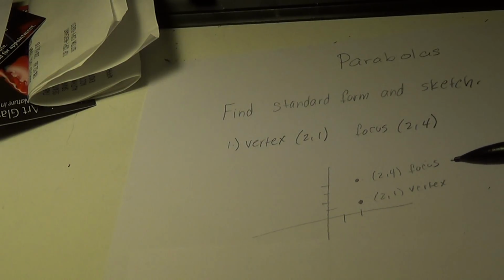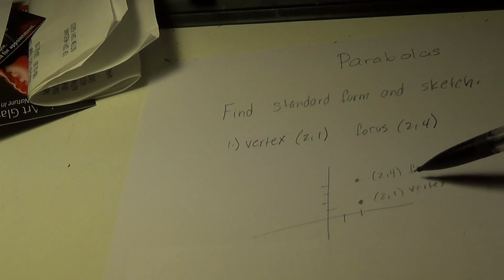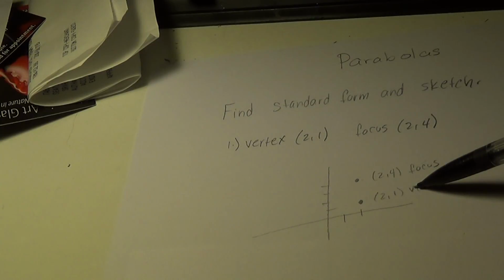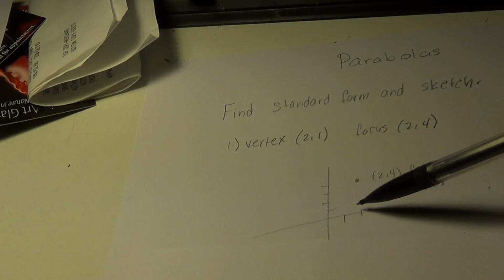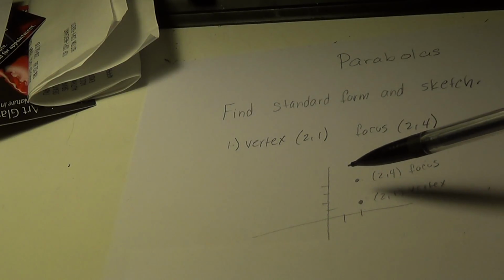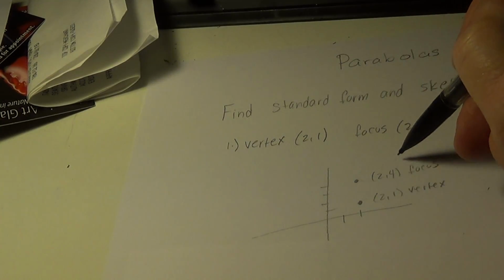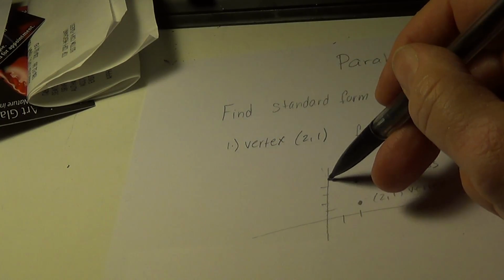So what must this parabola look like? Is it going to open left, right, up, or down? I can tell because of the relationship between the focus and the vertex. Remember, the vertex is the most extreme point, and the focus is always enveloped, protected by the parabola. So we must have one that goes like this. Do you see how that's the only way?